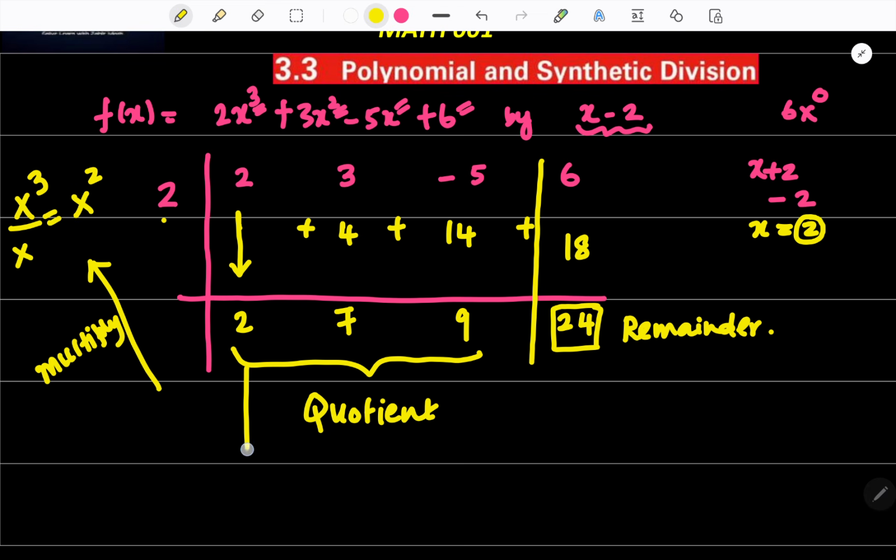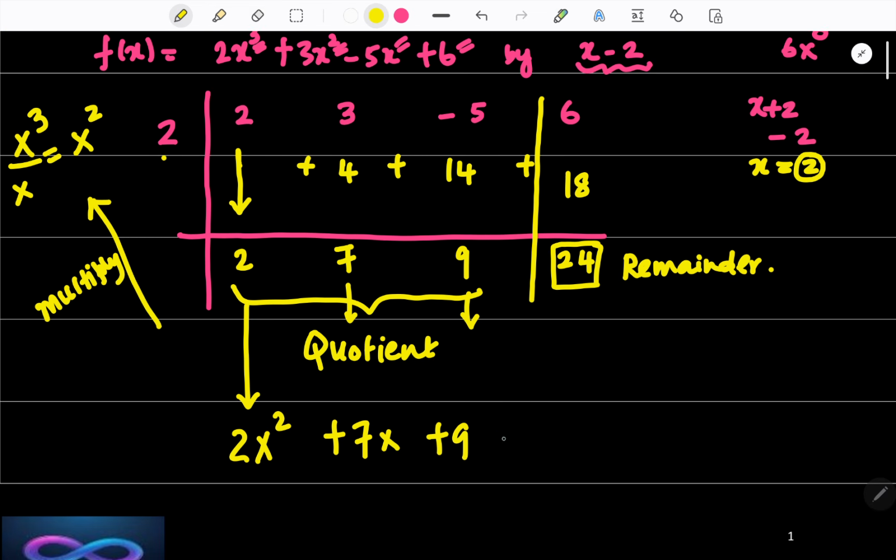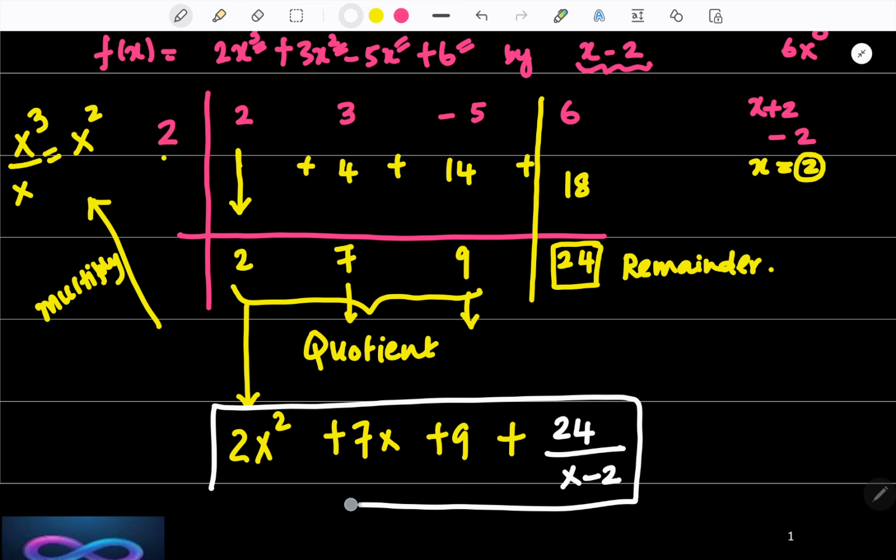X square. So it starts with 2x power 2, and the next is plus 7x, and this one is plus 9. This is called the quotient. Plus, you write this 24 remainder over this term, which is x minus 2. In this way, you are going to write the answer.